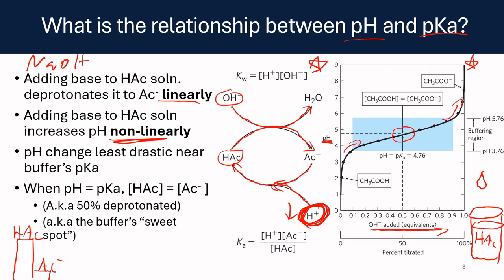As we approach the blue zone of this graph over here, our reservoir of H+ becomes noticeably deficient. It's not empty, but it's not going to be as quick to refill our HAC reserves.